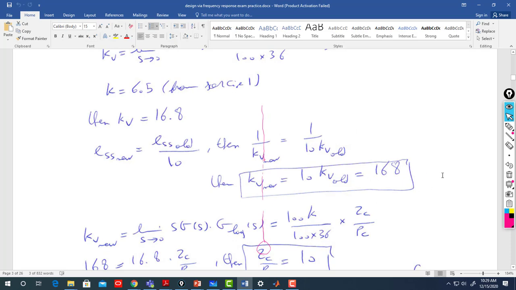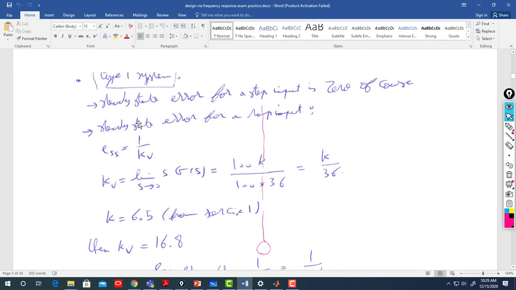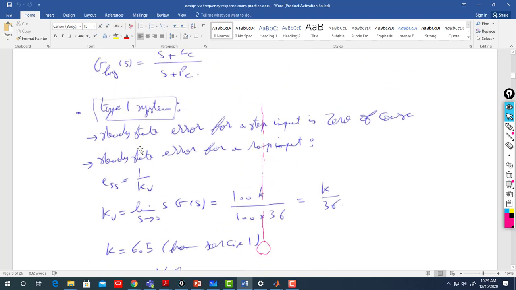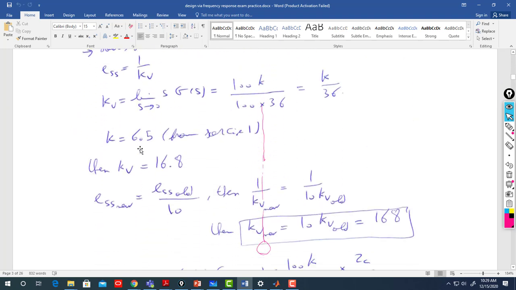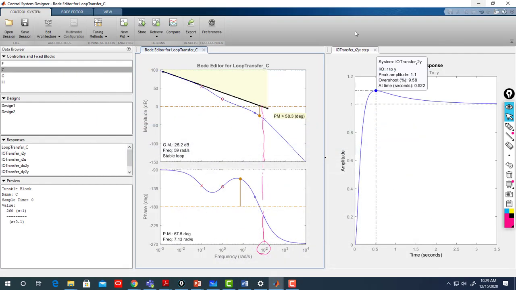We have KV equal 168, and it's supposed to be accurate. So it's supposed to be 168 actually. But it doesn't give me the 9.5. It gives me around 12, which is considered as acceptable.